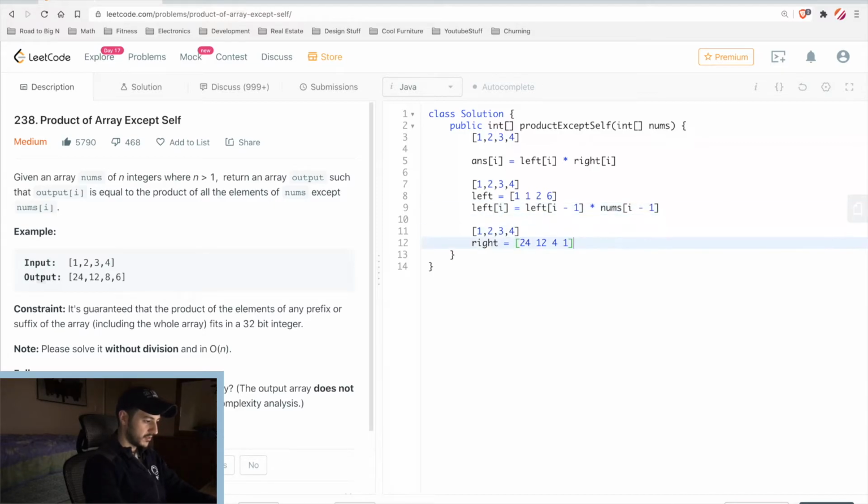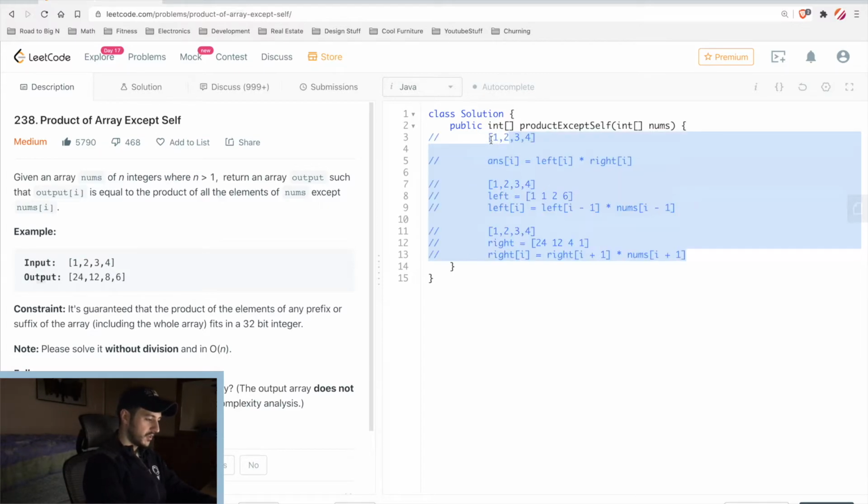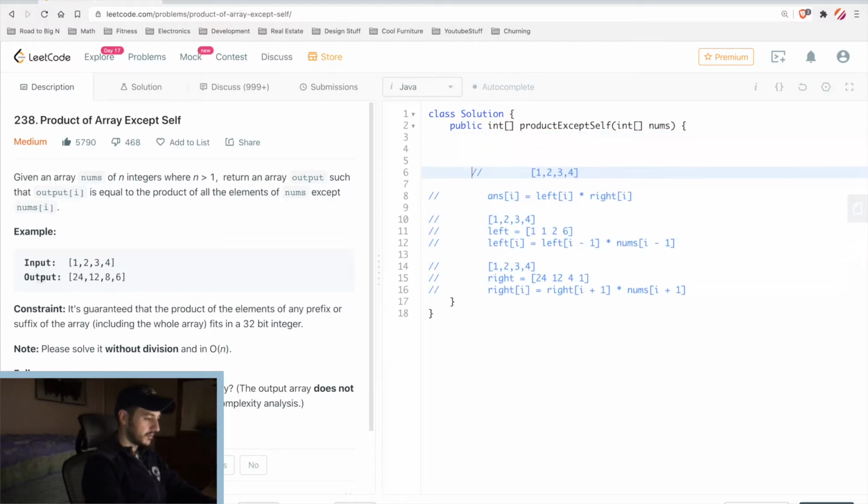And then similarly, we'll have our right side, adding the 1 from the right side. And we'll essentially follow these out. So let's get to coding. And by the way, doing this strategy in this solution will be O of n time and space.